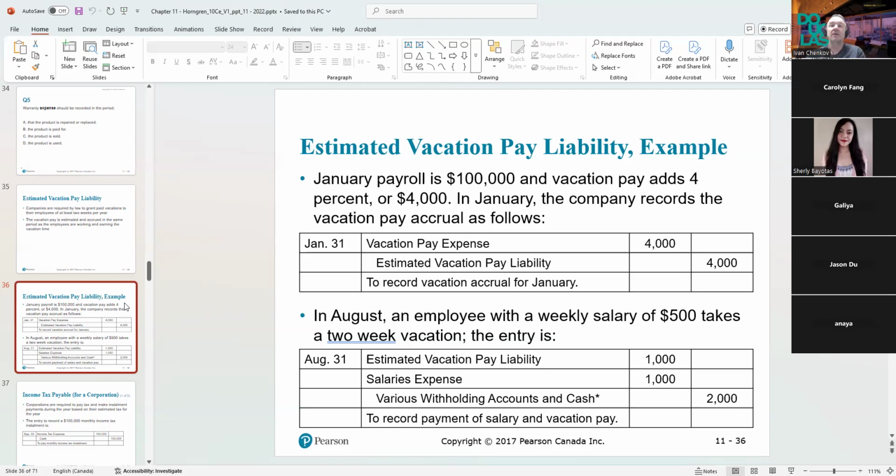When the employee actually uses his vacation, then we're going to reduce the estimated vacation pay liability. We're going to pay him his salary, and then it will be different. Cash, definitely we have to pay cash. If we're not paying cash, there will be other accounts. We're going to see later on in the payroll what kind of other accounts come in.